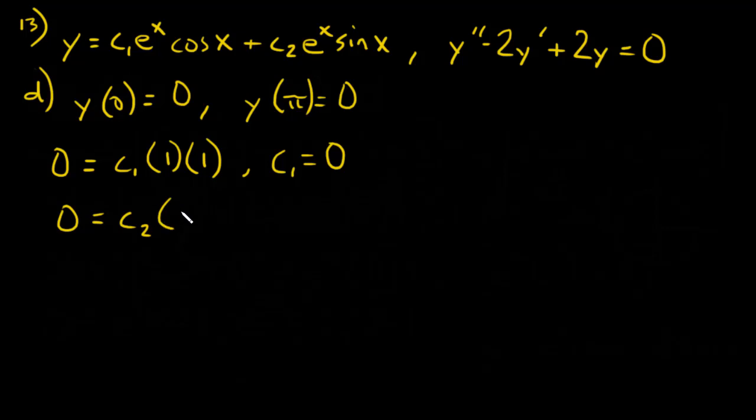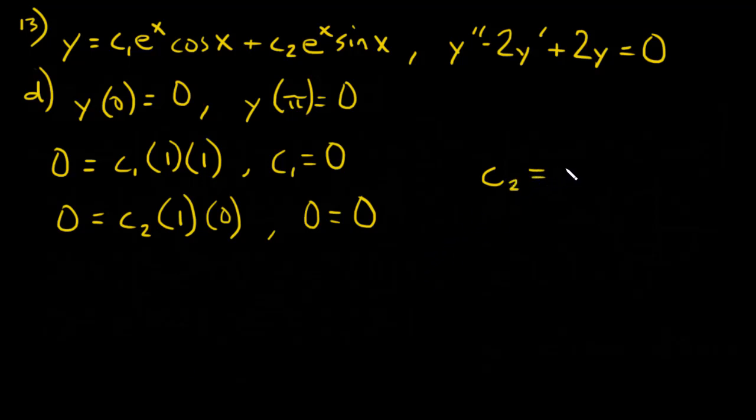to the 0, which is 1, times sine of pi, which is 0. So I'll wind up with 0 equals 0. Now, that is the solution no matter what value I put in for c2.